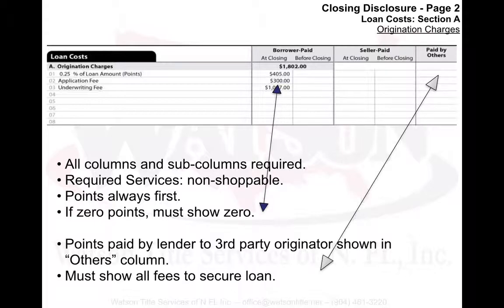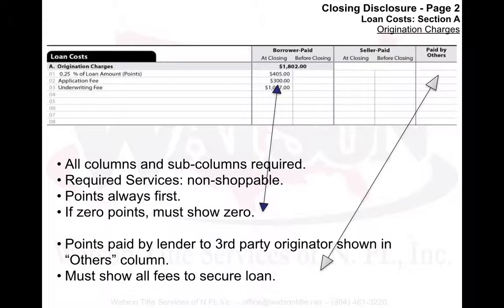Seller's charges paid at closing, paid before closing, and paid by others fill out the other columns. All columns and subcolumns must be reported. In this section, loan cost will include all services that are required by the lender that are unshoppable. And starting off, points must always be in cell A1, even if 0.